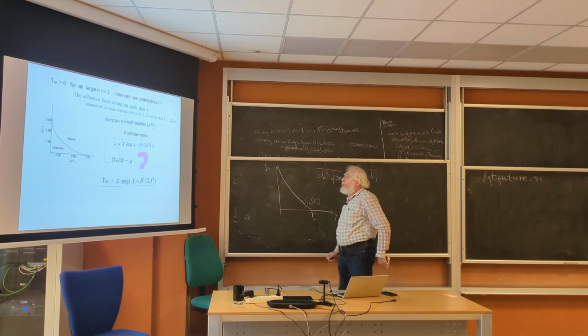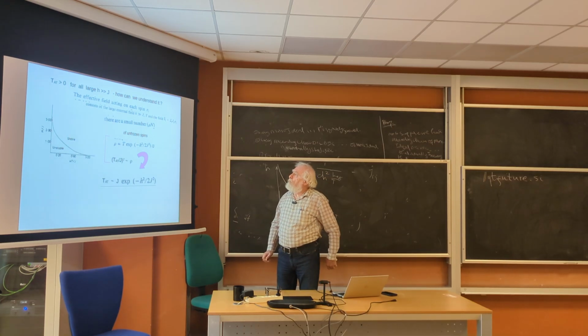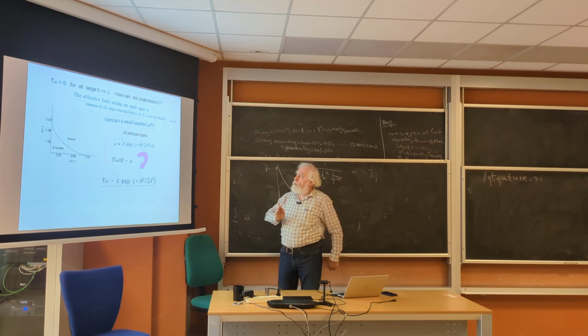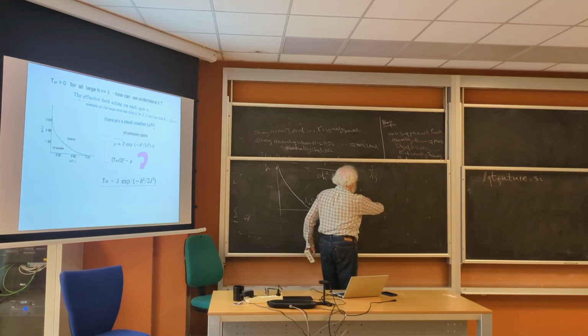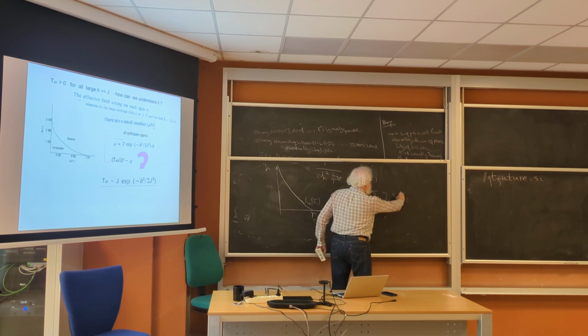Now, let us consider the case where the external field is much larger than J and T. But let us estimate the fraction of spins in the system which feel a very small total field. The total field is the sum of H plus the sum over j of Jij sigma j.